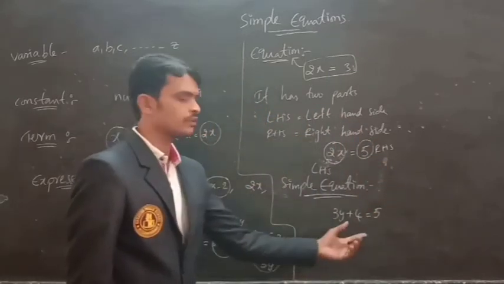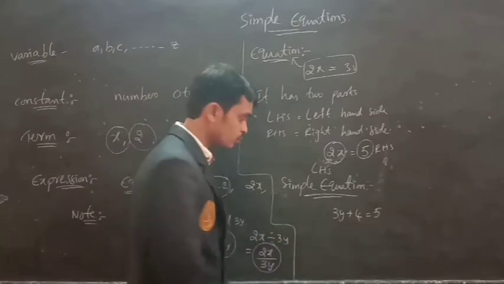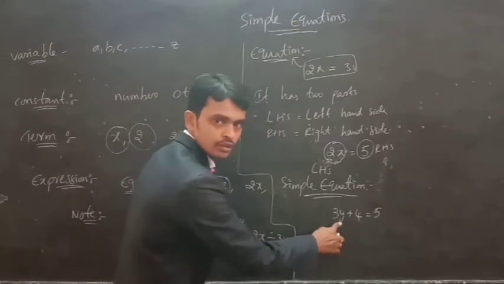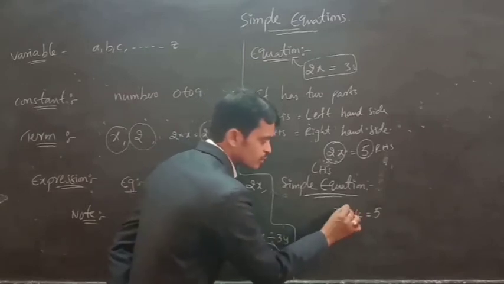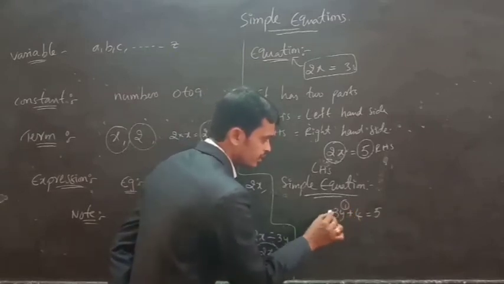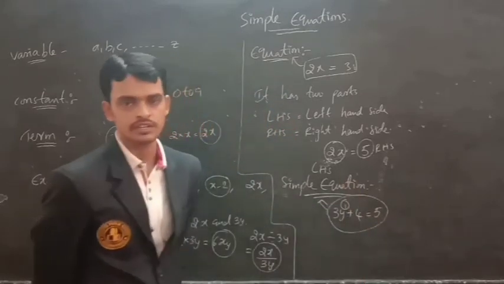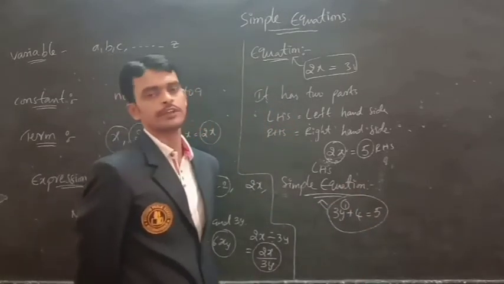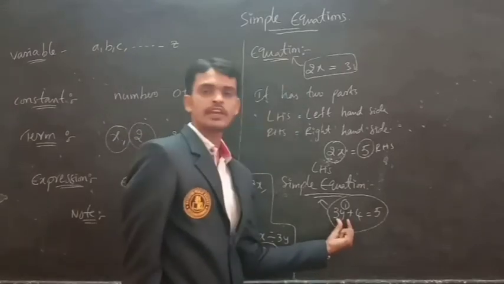This is the equation. How many variables does this equation consist of? Only one variable. Then the degree of the equation is how much? 1. So this type of equation is called a simple equation. A simple equation is nothing but an equation that consists of only one variable.